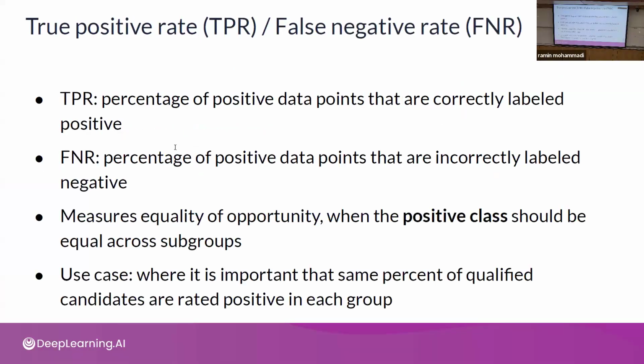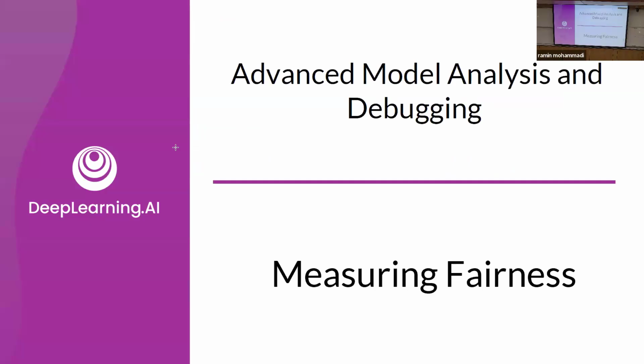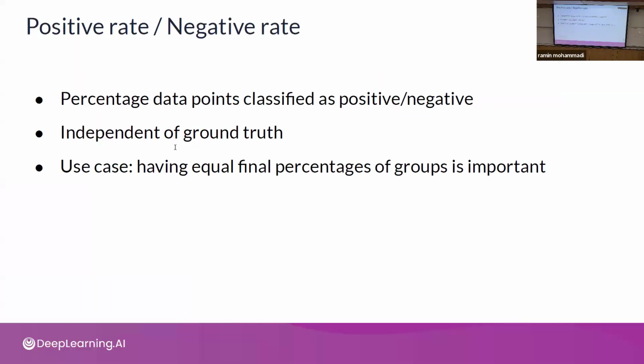Now, when it comes to what to look for when measuring fairness, first thing is positive rate and negative rate. The idea of positive rate is that you want to be sure that all the groups have an equal positive rate, or equal negative rate.